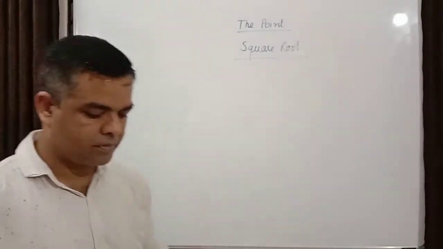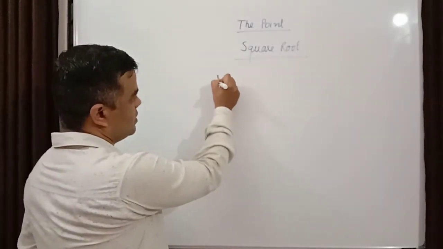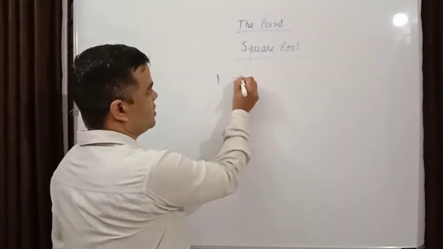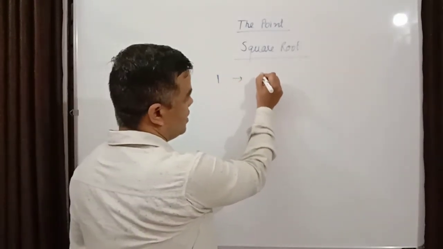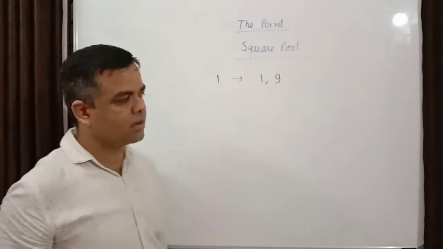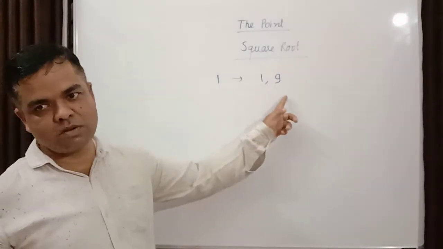If 1 is the unit digit of a number, it means it is a square of 1 or 9. 1 square is 1, 9 square is 81. Only these two numbers are possible.